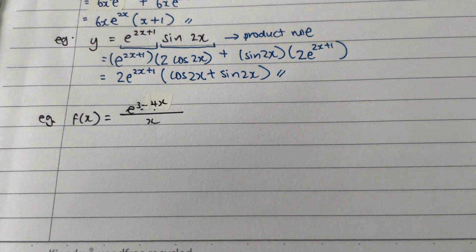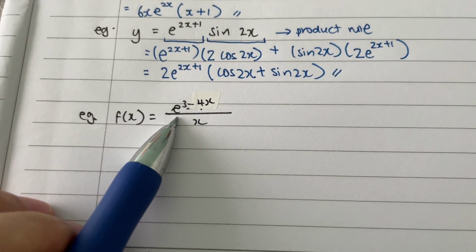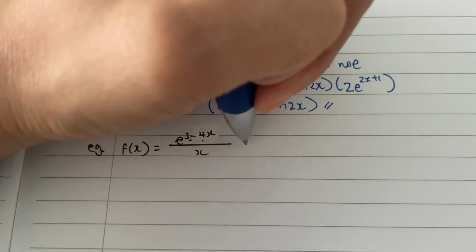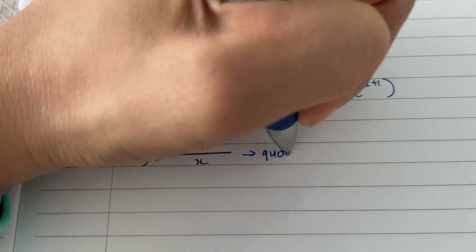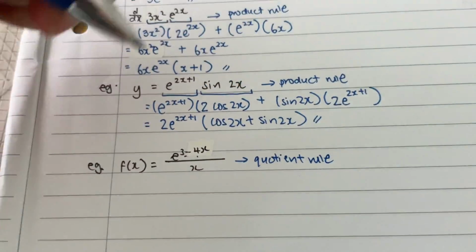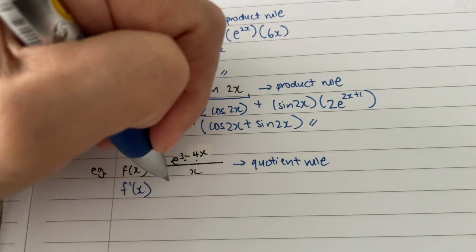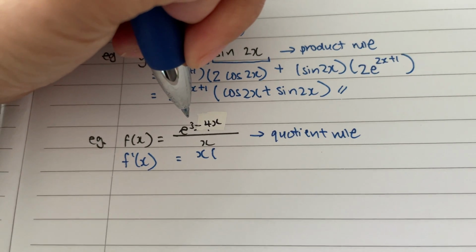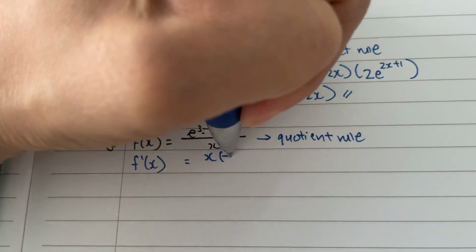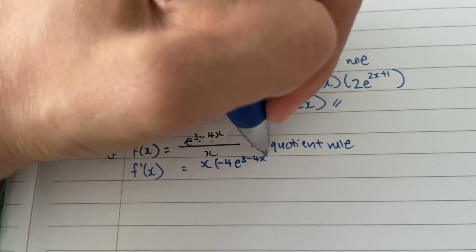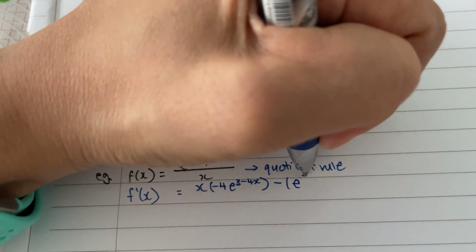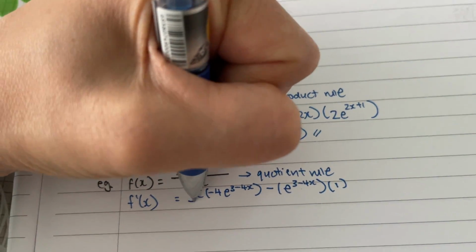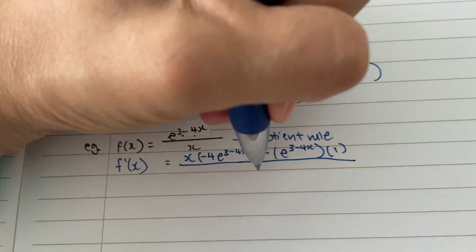Moving on, let's see. f(x) equals e^(3-4x) over x. So it's a fraction. That means we deploy the quotient rule. So f prime of x means that x is written down, and we differentiate e to the power of 3 minus 4x, you get minus 4e^(3-4x), minus, while we differentiate x, that gives 1, all over the square of the denominator.